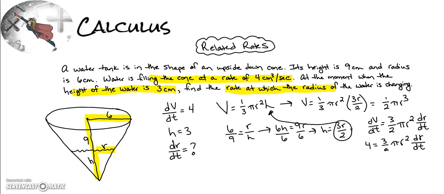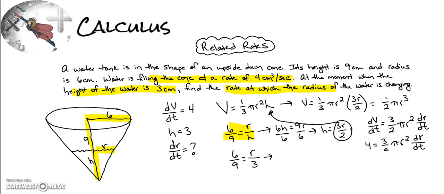Now the way to find r is to also go back to this proportion that we used before, this one, and we know that 6 over 9 equals, and at this instant, we don't know the r yet, but we know that the height of the water was 3. So we can say that and use that to solve for r.